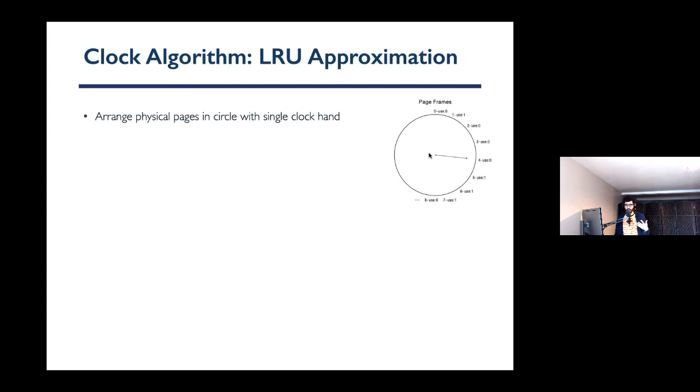And this only happens on the first TLB miss. So it could well be that the hardware accessed this page a lot, but it was just after the first access. Nevertheless, in this algorithm, you just check that access bit.